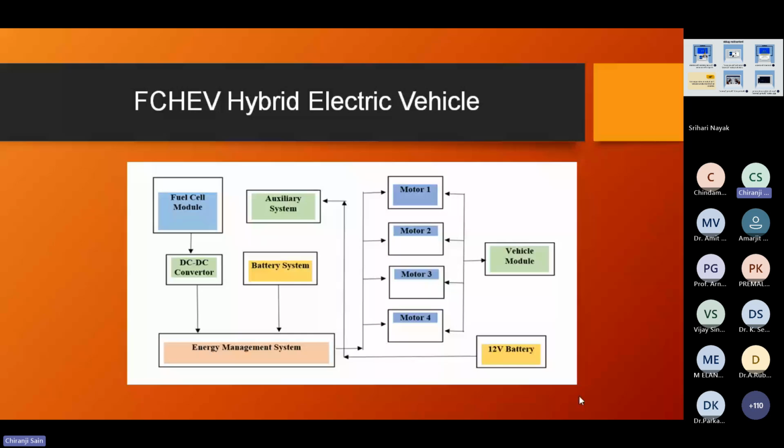So any software like MATLAB, Simulink, PSpice, PSIM may be used to develop the mathematical modeling, and the subsystem can be developed accordingly, depending on the assumptions or the system parameters that we need to have. Here, in this particular case, the fuel cell module, auxiliary system, battery system, DC to DC converter, and energy management system. One case study has been shown over here for your understanding.